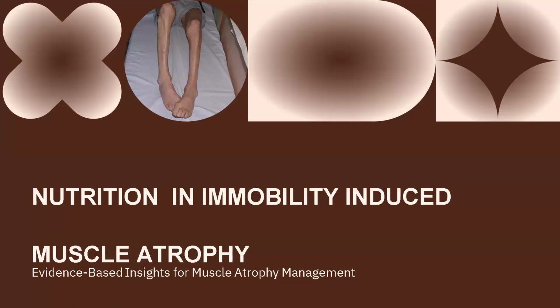Another etiology is molecular pathways, where we have decreased muscle protein synthesis and relatively increased degradation via the ubiquitin proteasome, and early increases in oxidative stress and inflammation that promote catabolism.